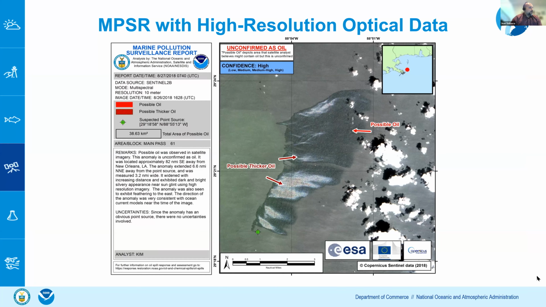And here's an example of a report that we did with thicker oil and the rest of it. So as a result of that study, we started to identify relative oil thickness in optical satellite data beginning in 2018. Our map products only distinguish two general thickness types, thicker oil and the remaining oil, but differentiating between them is becoming increasingly difficult with the higher resolutions of newer satellite sensors.